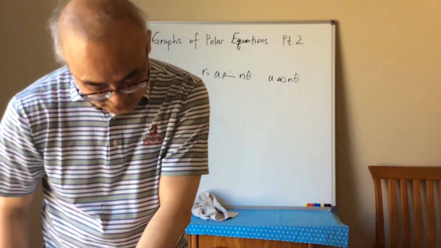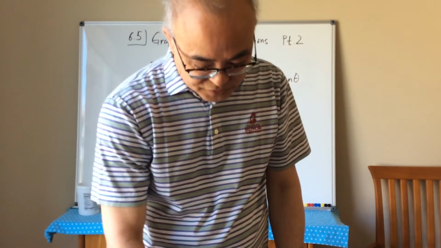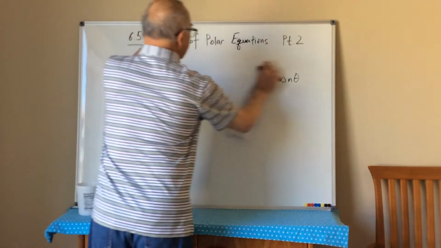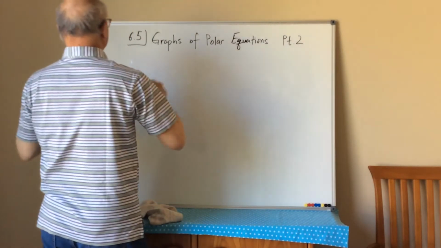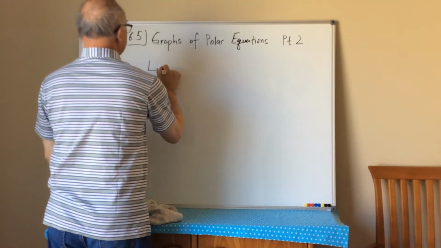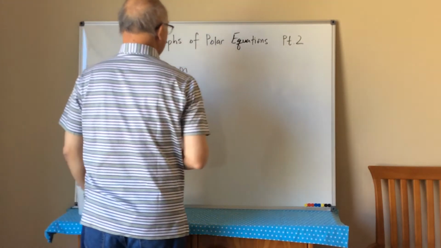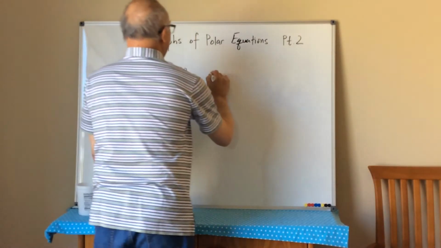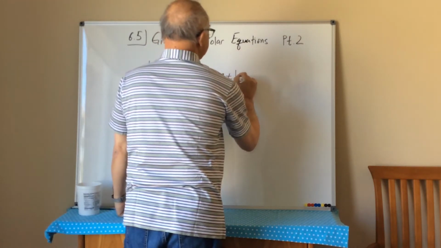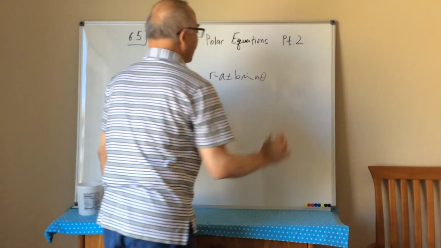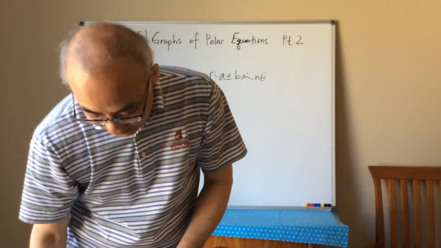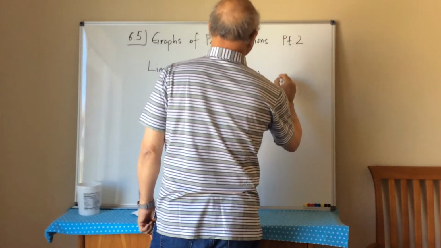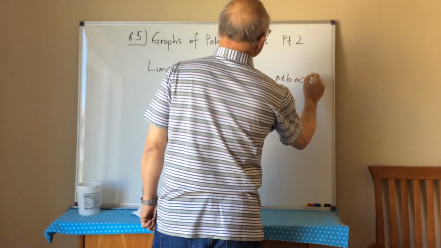So let's look at the limacon curves. These were the rose curves. On the limacon curves, the equation looks like r equals a plus or minus b sine theta, or a plus or minus b cosine theta.